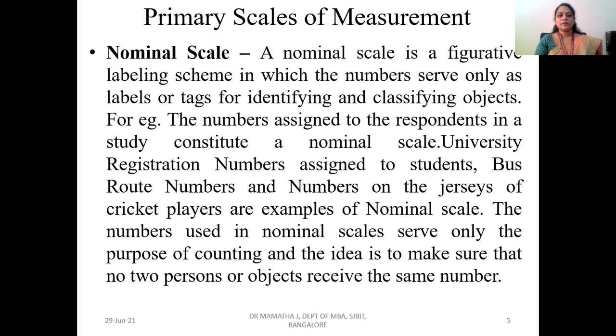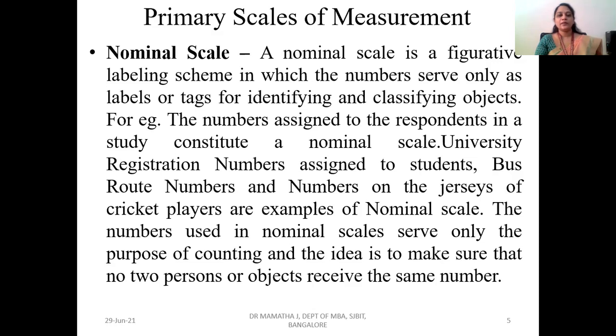Okay. For example, the university registration numbers, the USN numbers that the students get. It is only to label or classify the students for better identification. It doesn't mean USN 1 stands first and USN 60 stands last. No. It is only to classify the objects and to identify them.